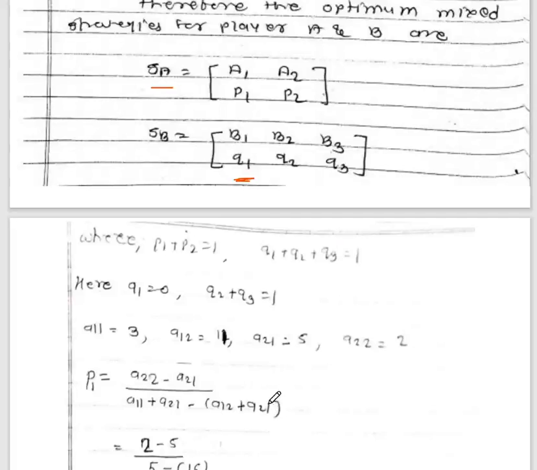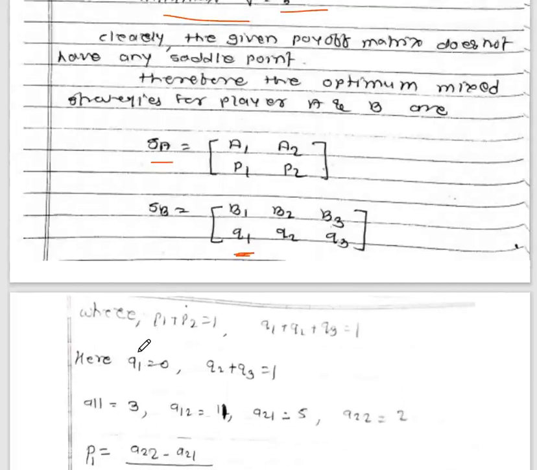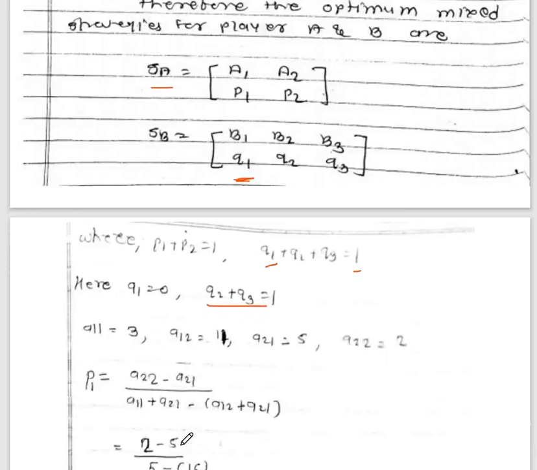So the conditions become P1 plus P2 equal to 1 and Q1 plus Q2 plus Q3 equal to 1. But here Q1 is 0, so this becomes Q2 plus Q3 equal to 1. Okay. So from the given pay-off matrix, A11 means 3, A12 means 11, A21 means 5, A22 equal to 5. We have already seen this in a previous lecture.